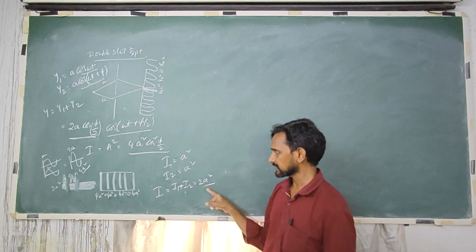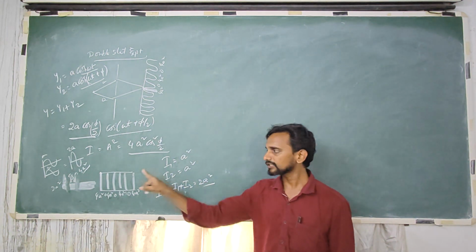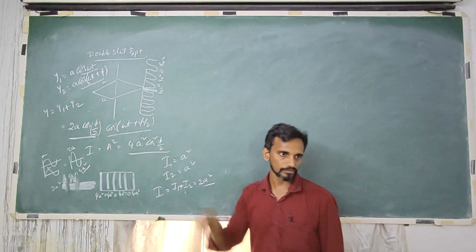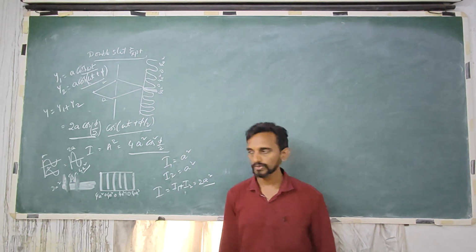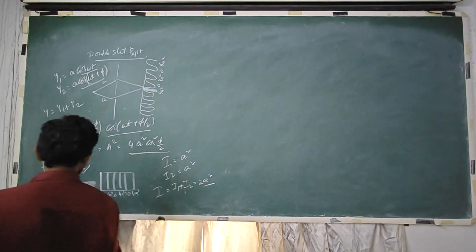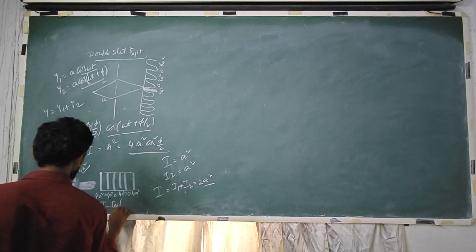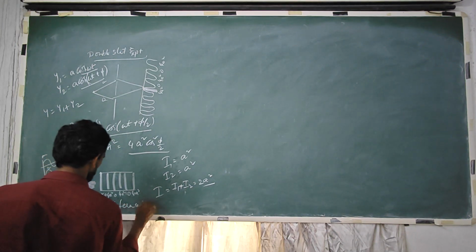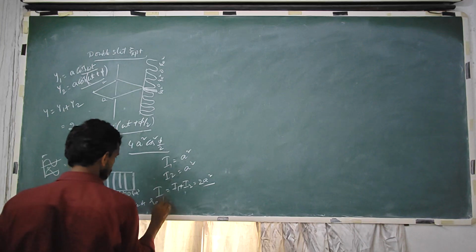Whatever existing intensity, 2A square, is redistributed into this format, 4A square cos square phi by 2. So, in total, interference is redistribution of intensity.